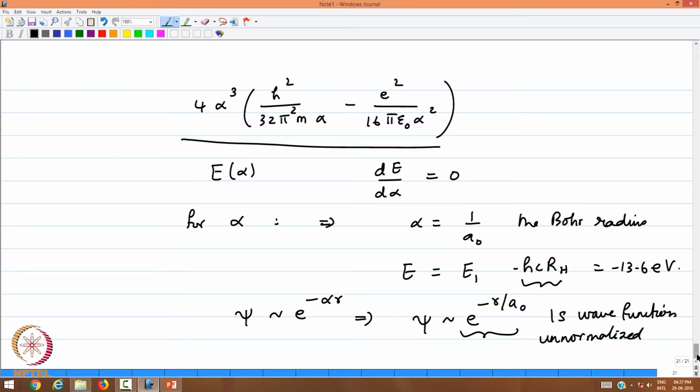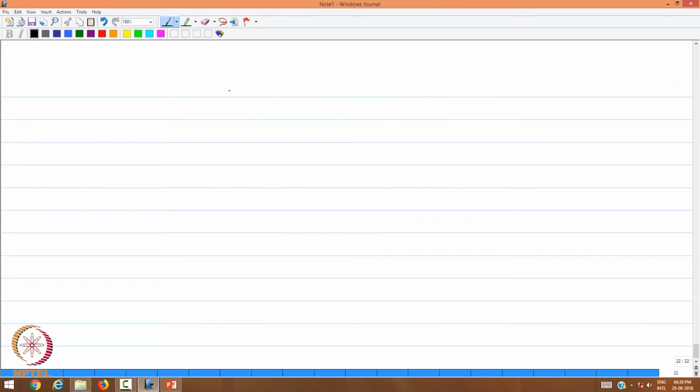And if it is normalized, you will see that psi is 1 by pi A naught cube e to the minus r by A naught.